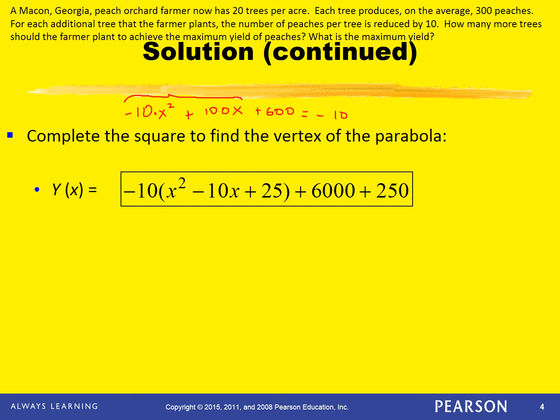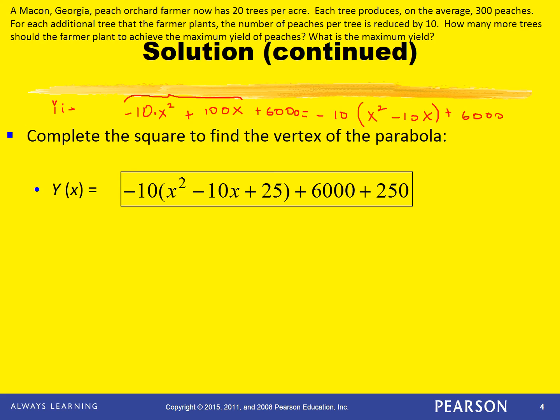Factor out a negative 10, x squared minus 10x, plus 6,000. That's 6,000, not 600.